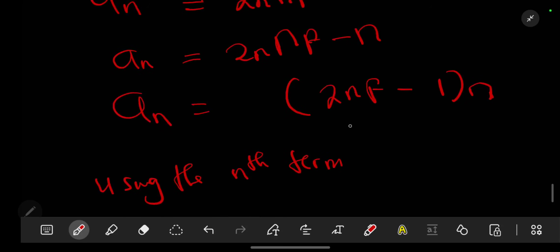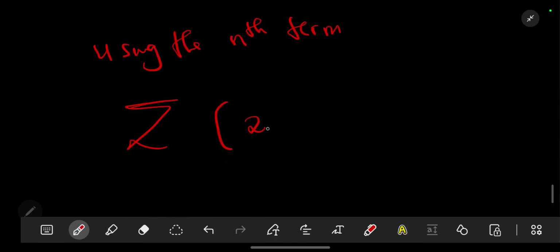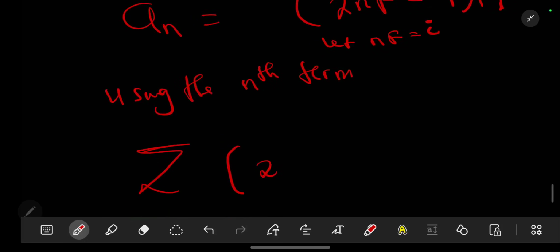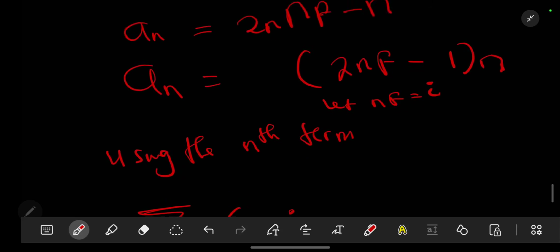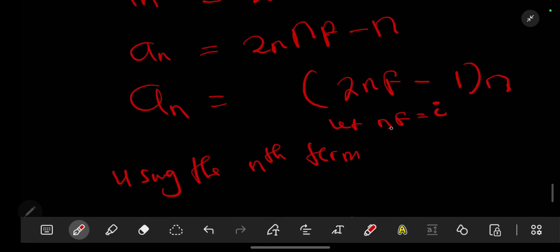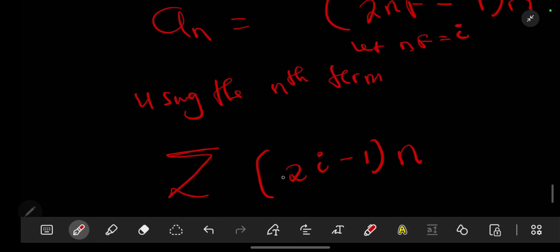Now in sigma notation we mostly use i, so let's use i. Where n_f is equal to i, we say i minus 1, then times the n. Now remember, this n_f and this n are different, that's why we can't replace i for that.